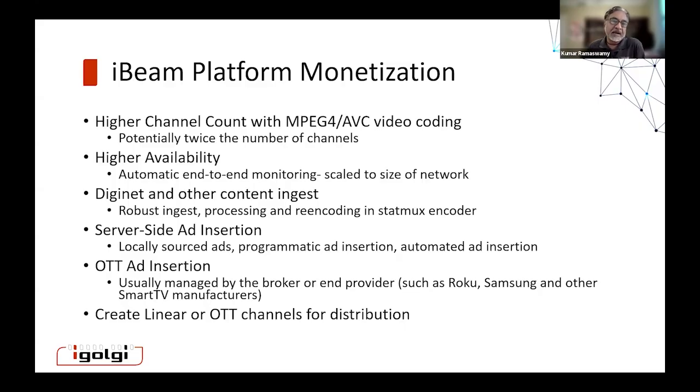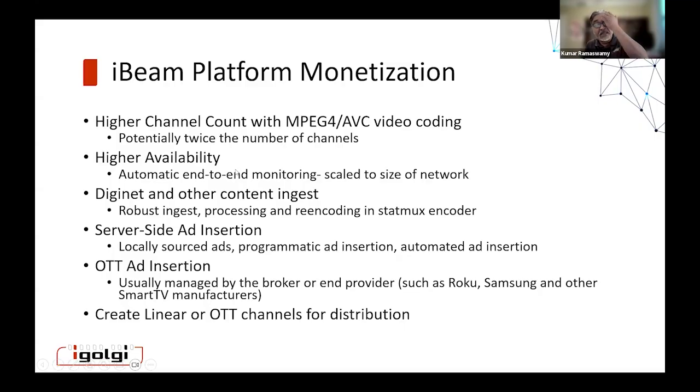And all of that can start to show up, which is what is happening on YouTube or Roku or any of these programmers that you see today. I call them programmers because they are actually aggregating programming. And so broadcasters need to think of themselves as aggregating programming as well. And they can do it far more easily and far better than what I see being done on the internet today.